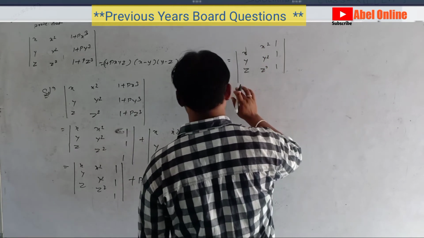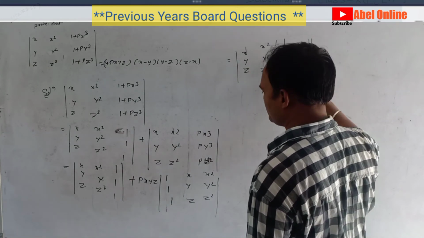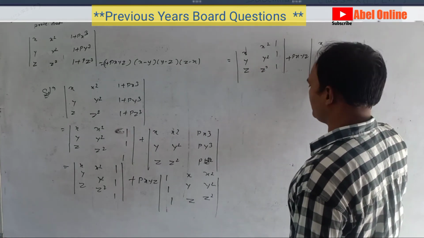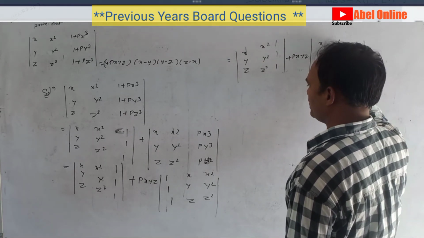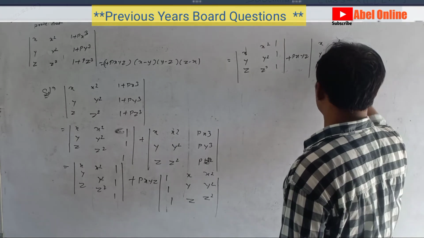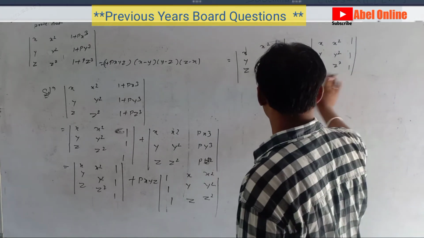What about here? It is the same: p x y z, and here x, y, z; x square, y square, z square; 1, 1, 1. Okay, we have done this step directly.